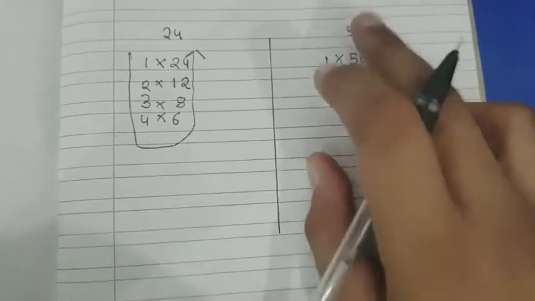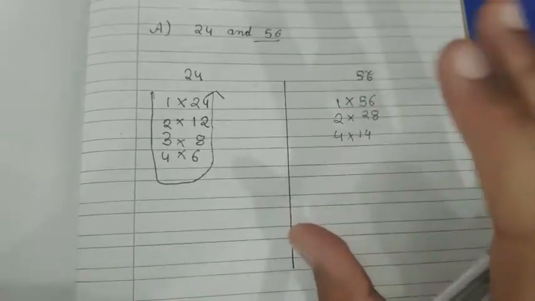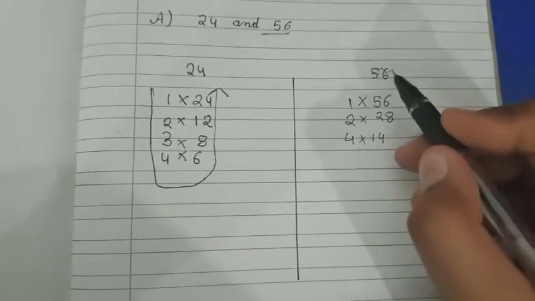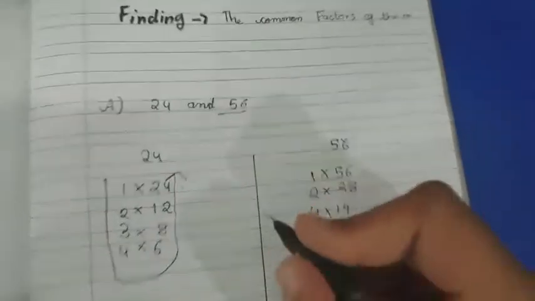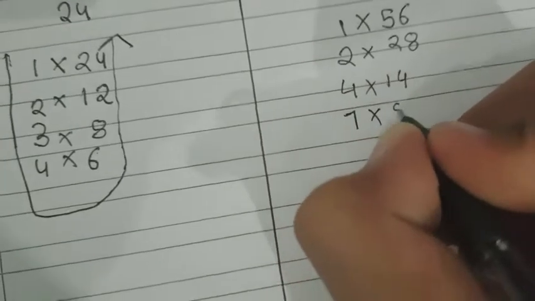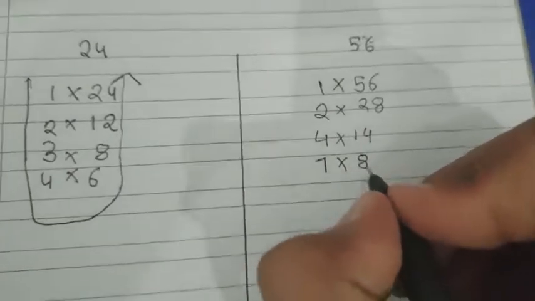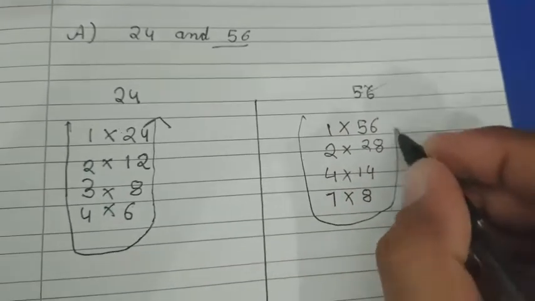Then we will come to 5. As we all know the divisibility rule of 5 which I have said, according to that this is not. Then 7, in the table of 7, 56 comes, so 7 into 8 is 56. Then 8 into 7 is 56, so now it's repeating, so we'll make a U.